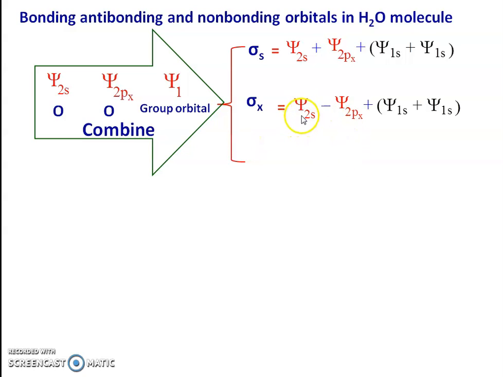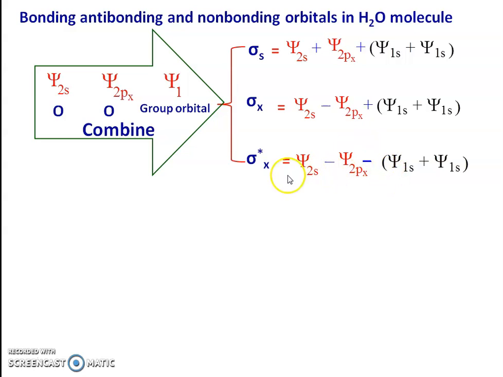Here between psi 2s and psi 2px there is an out of phase combination, and between psi 1 and psi 2px there is an in phase combination, and in this way we get the sigma x molecular orbital, which is bonding. Similarly, there is the formation of sigma star x, which is equal to psi 2s minus psi 2px minus psi 1, and psi 1 is psi 1s plus psi 1s.